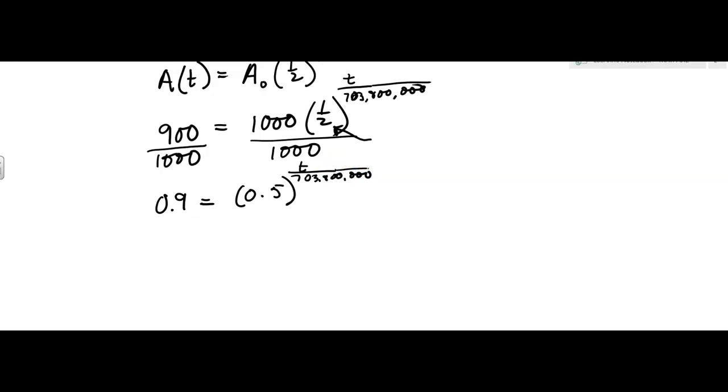Now I can take the logarithm of both sides, or I could write it in logarithm notation. I would probably just take the log of both sides. So I'm going to use my natural log. Natural log of 0.9 equals the natural log of 0.5 to that exponent with that big number in it.